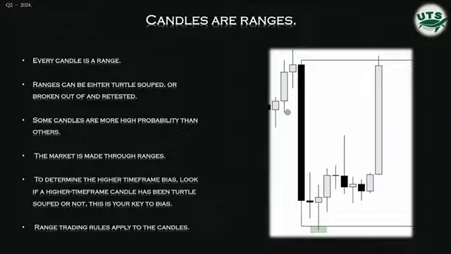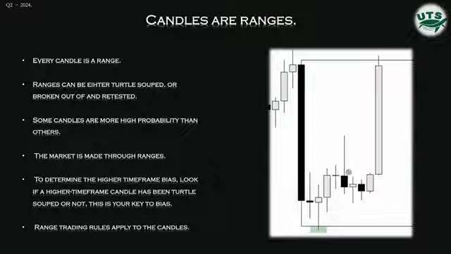What makes ICT, the concepts I present, special is dealing with specific candles. Every other system, supply and demand, Wyckoff, market structure, all that nonsense, all that garbage is trading zones. You can do that, but it's more accurate and more consistent even to look at specific candles and what's happening.